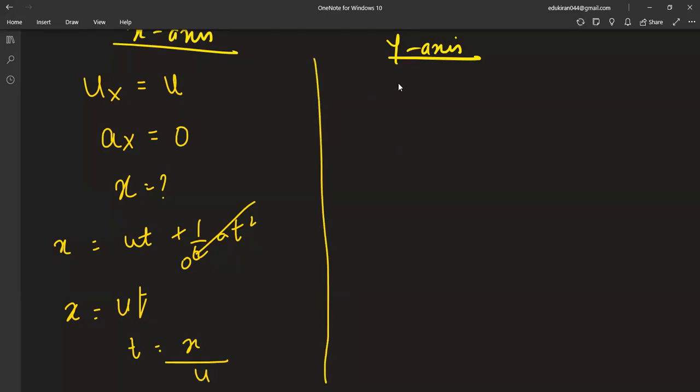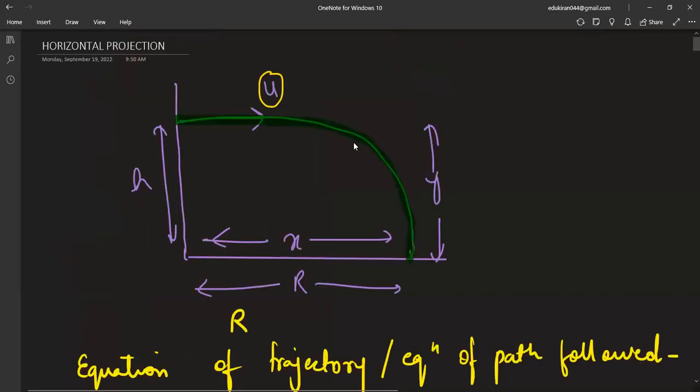Same thing along the y-axis, uy. Uy isn't existing here because there is no component of velocity along the y-axis. Entire velocity is situated along the x-axis. We don't even need to resolve the vectors. Acceleration, yes, acceleration along the y-axis. Along this y-axis, if a body is moving in air, which acceleration comes?